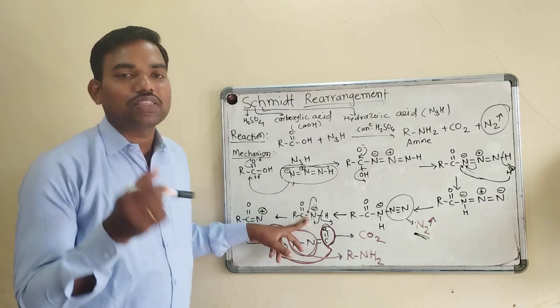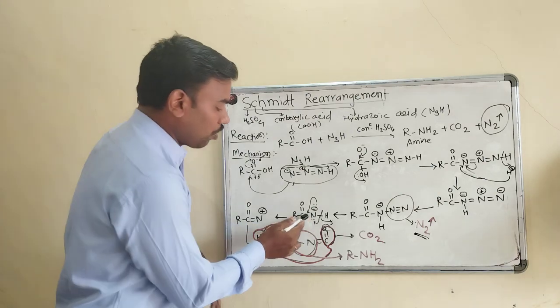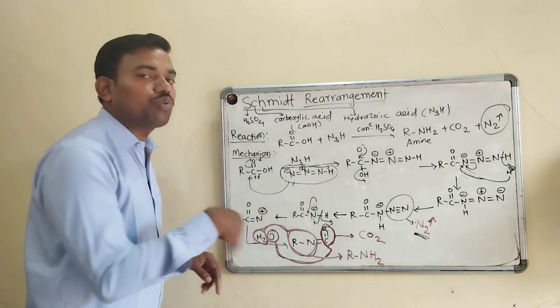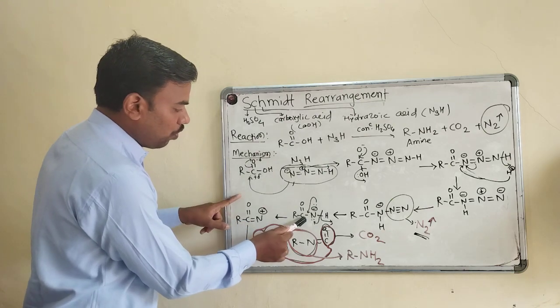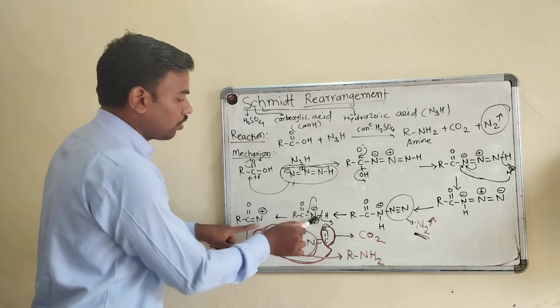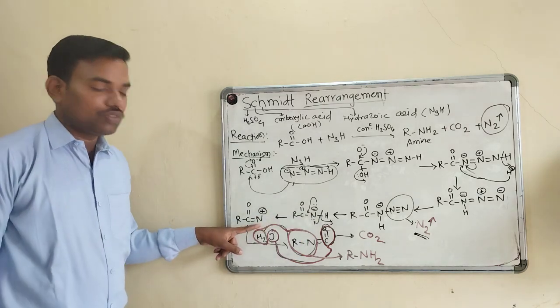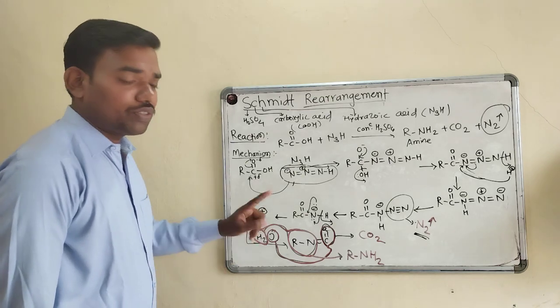That is, 2 electrons means we can write it as one bond. That is, here formation of single bond to double bond takes place. See further, R C double bond O, here C double bond N, and over this nitrogen it will possess positive charge.